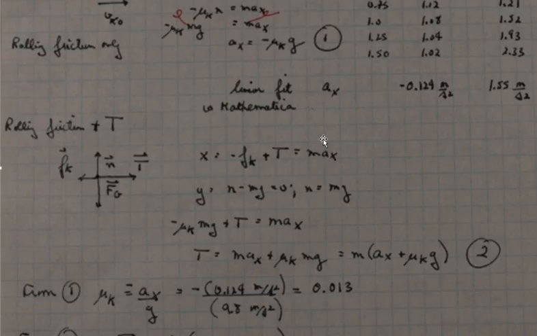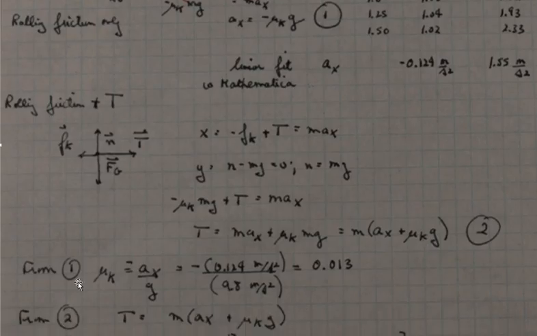This is a different a sub x from the above one. In the y direction, n equals mg. So minus mu sub k mg plus T is equal to m times a sub x. In other words, T is equal to m times a sub x plus mu sub k times g.